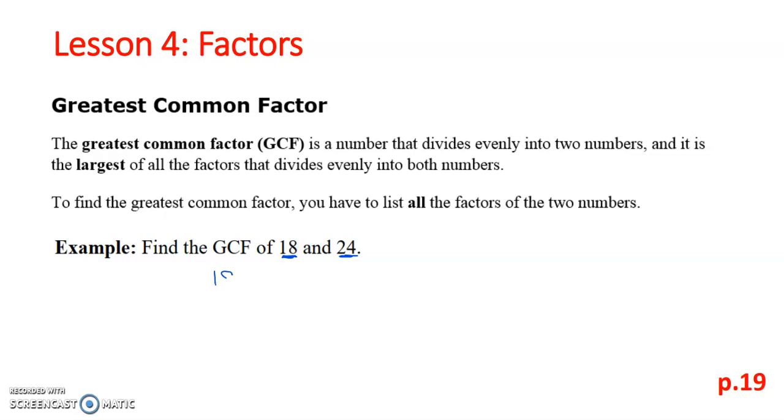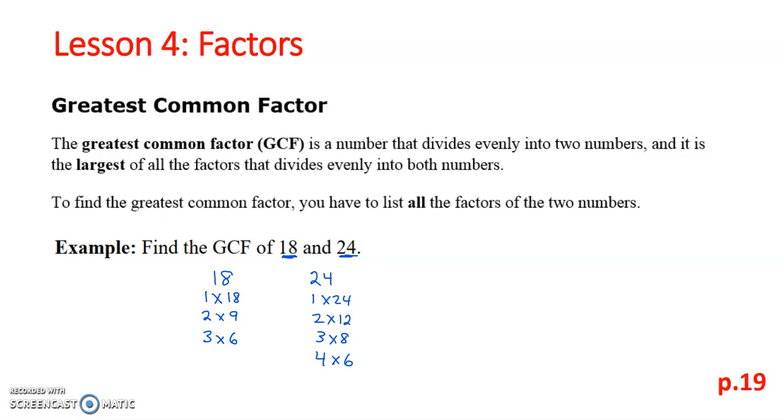So in order to determine that, we're going to have to write all the factors. So 1 times 18, 2 times 9, 3 times 6. All of these are factors of 18. For 24, 1 times 24, 2 times 12, 3 times 8, and 4 times 6.